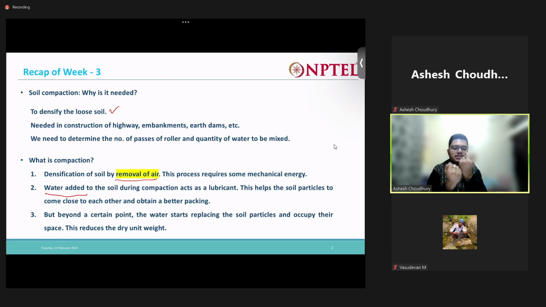So we add water, and after adding water we allow our roller to pass. Due to the lubrication of the water, the friction between the particles reduces, so they are able to slide amongst each other more easily and obtain a compacted or densified state. So water helps as a lubricant.